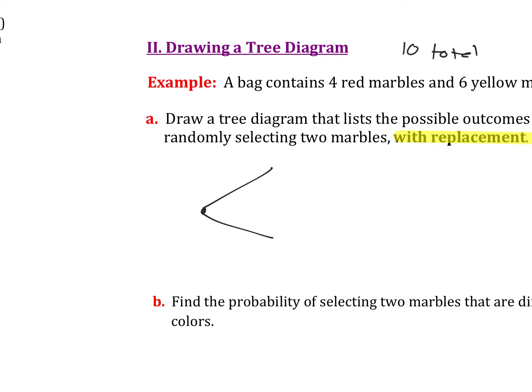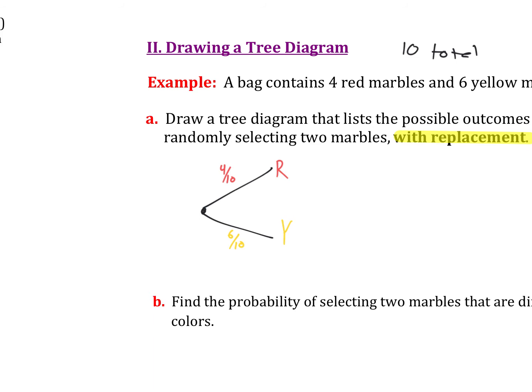I either select a red marble or I select a yellow marble. Those are the 2 possible outcomes. The probability of selecting a red marble would be 4 out of 10, which you could reduce to 2/5, and the yellows are 6 out of 10. If I add straight down here, 4 plus 6 gives me 10 out of 10, 100%. So that's the first occurrence.